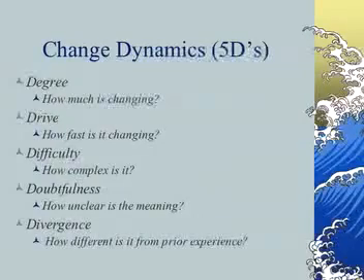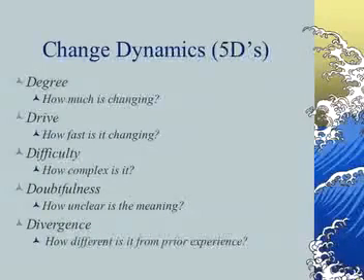The last one, and probably the most vexing one, is divergence. And this has to do with how different something is from prior experience. Unpredictability, perhaps. Because if it's very divergent from prior experience, we don't have any analogous situations that we can apply to the current set of changes or the change dynamics that we're experiencing.